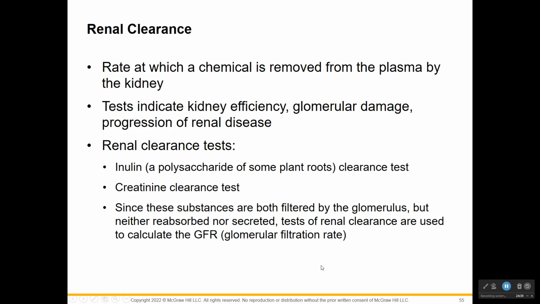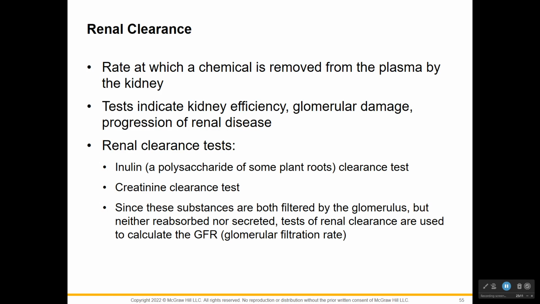So a renal clearance is an actual name of a rate that they can calculate to tell how long it takes for a chemical to be removed from the blood plasma by your kidney. So it's kind of to see how well your kidneys are working and see if there's any damage or disease. And so they usually use inulin, which is a complex carbohydrate that we cannot metabolize, and also creatine.